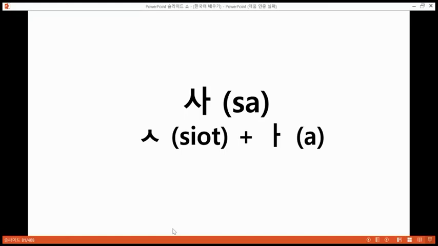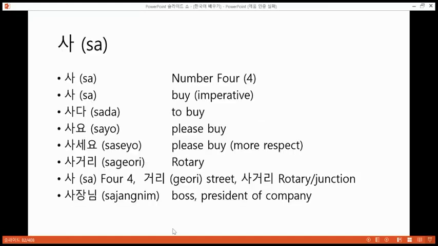사. Okay, co pronounce and put the word a, becomes 사. Can you say 사? 사 is number 4 in Korean number. 1, 2, 3, 4.